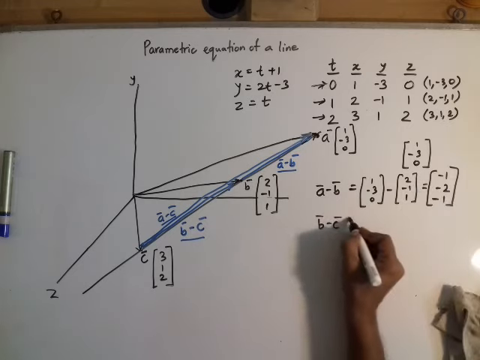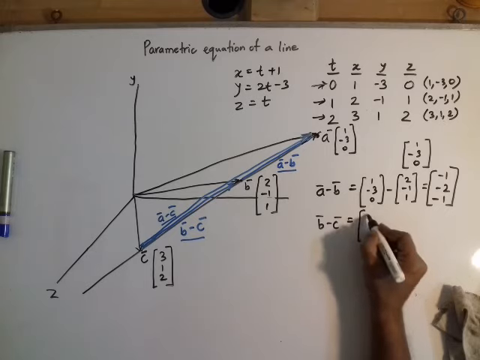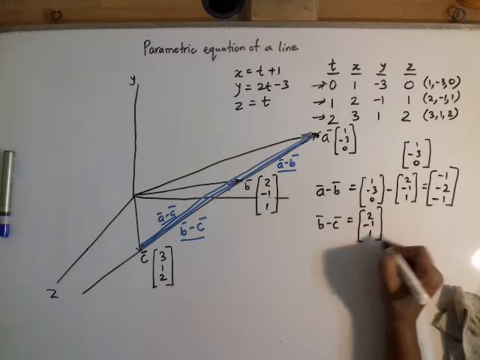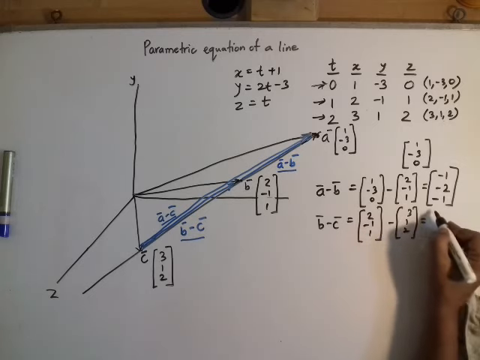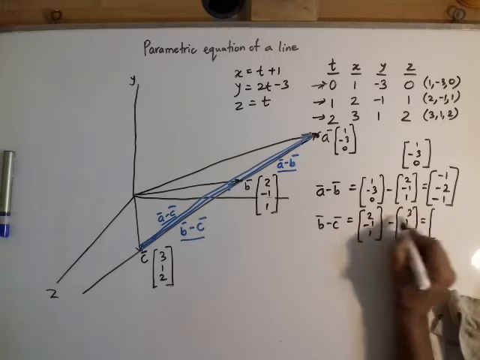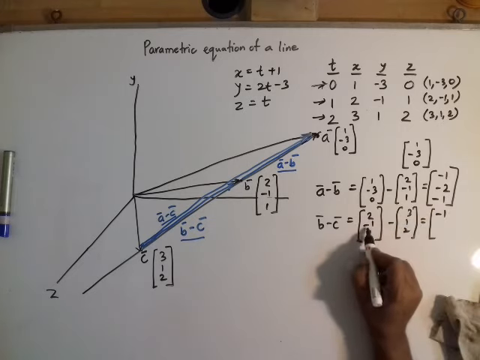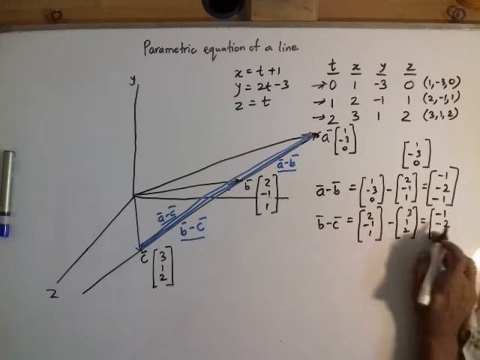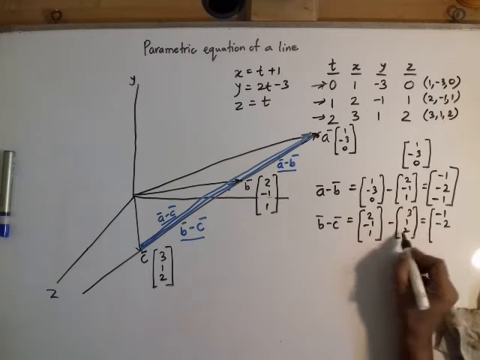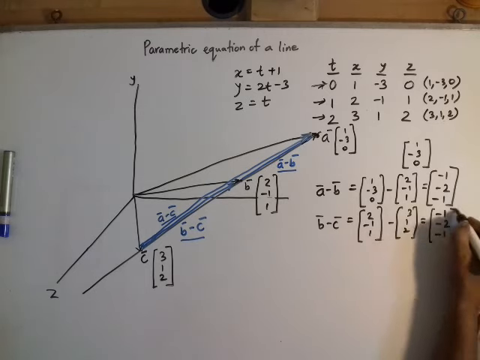B minus C equals 2 minus 1, 1, minus 3, 1, 2, which equals 2 minus 3, minus 1 minus 1, 1 minus 2, which is minus 1, minus 2, minus 1.